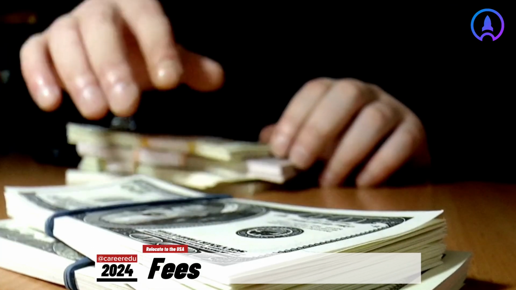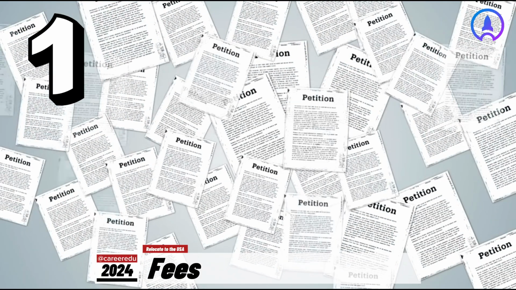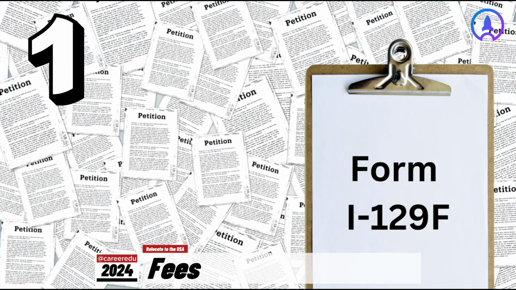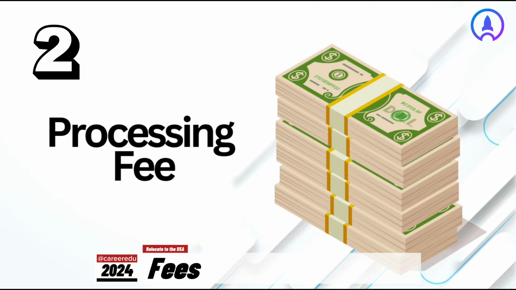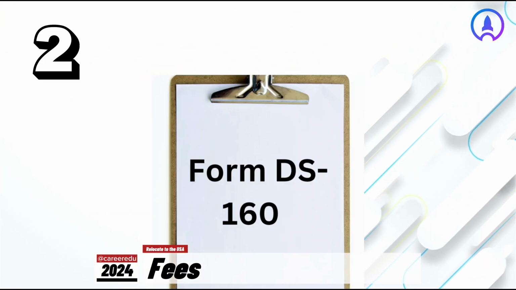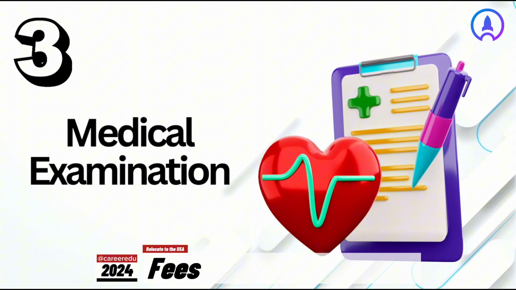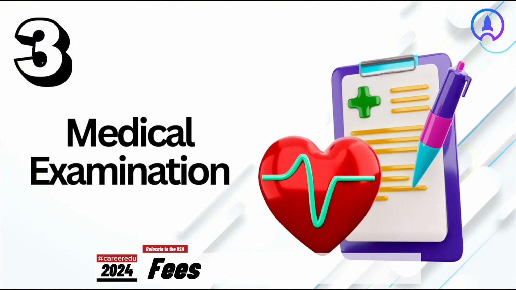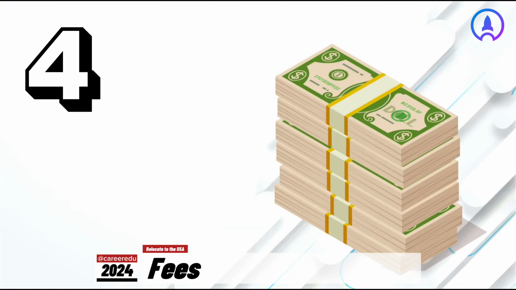Let's talk about fees. Fees are charged for the following services. 1. Filing an alien fiancé petition, Form I-129F. 2. Non-immigrant visa application processing fee, Form DS-160, required for each K visa applicant. 3. Medical examination, required for each K visa applicant. Costs vary from post to post. 4.